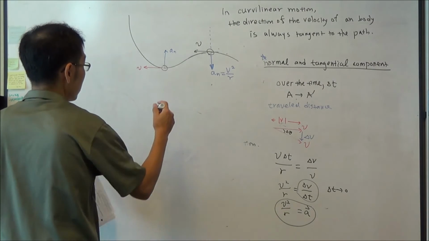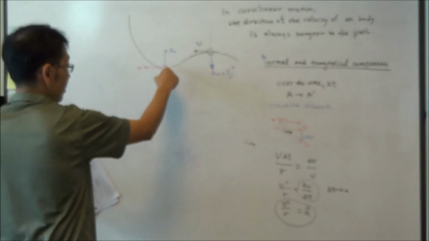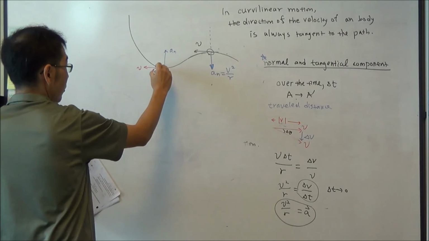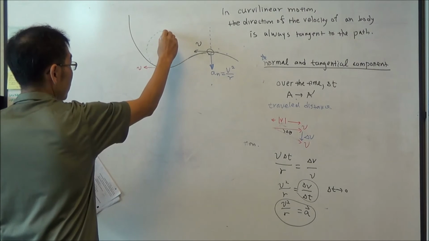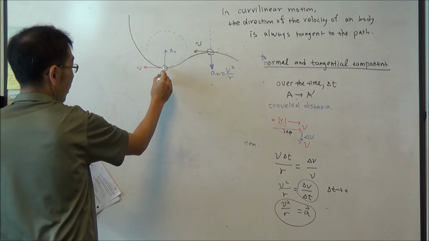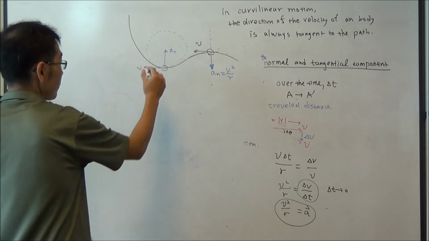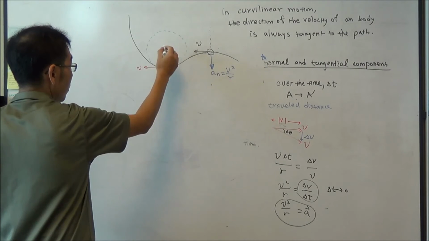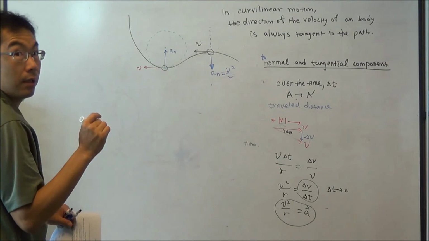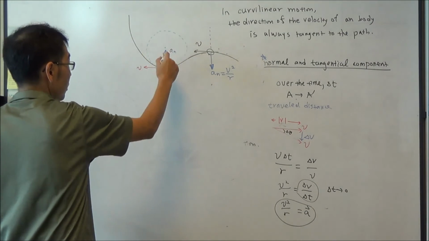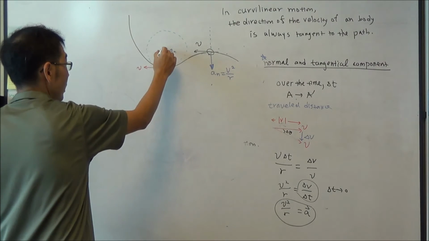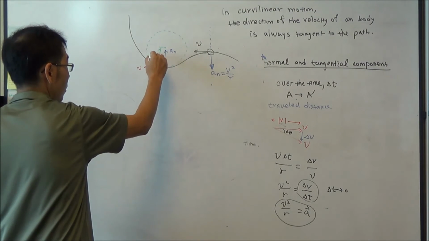But if you imagine that at this instantaneous position, there might be some circle here, and only this part is overlapped. So this is the circle. If you know the radius of this inner circle at this given moment, let's say this is rho.